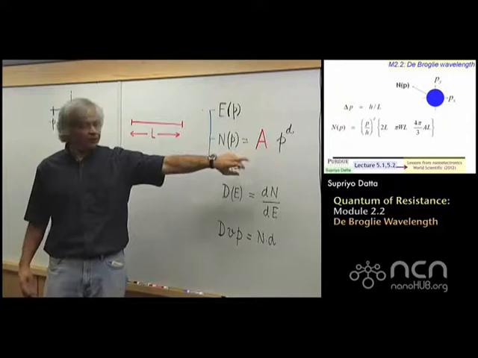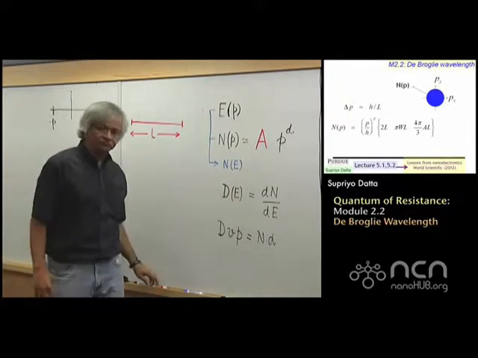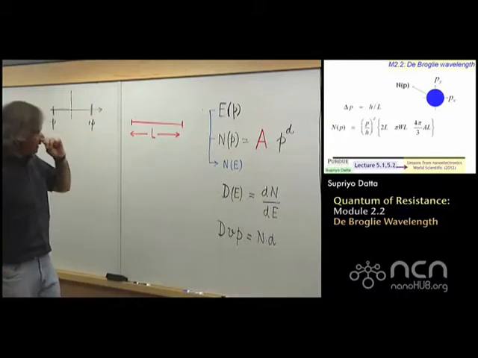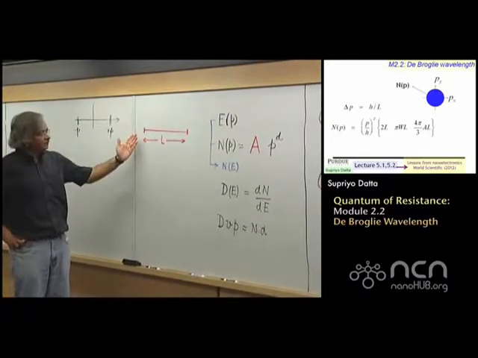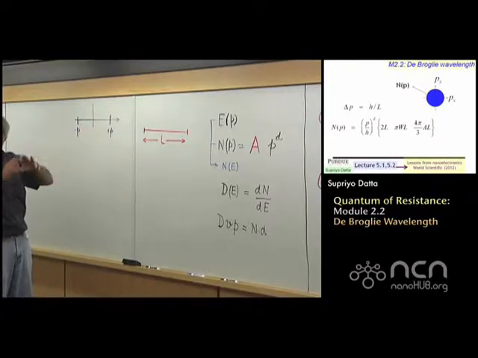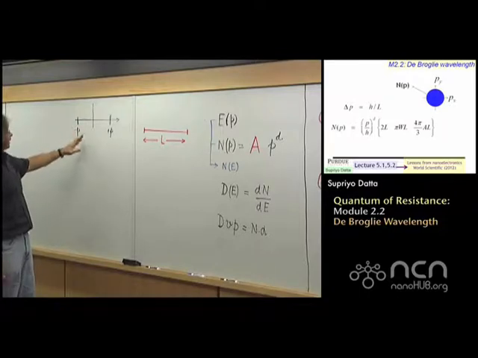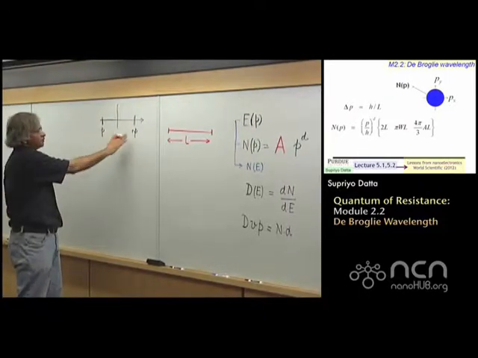Now, what we are going to do in this module is talk about how to obtain that coefficient that I wrote down. Consider just a one-dimensional conductor for the moment, and electrons can have any momentum, let's say, from minus p to plus p.